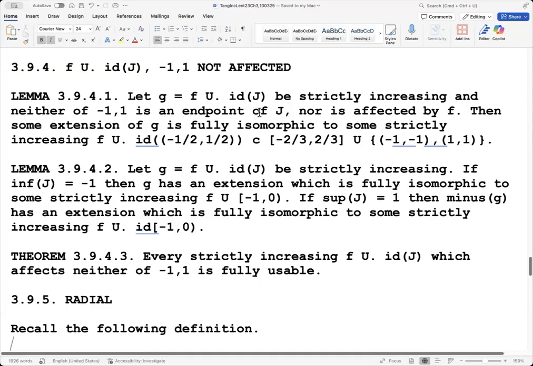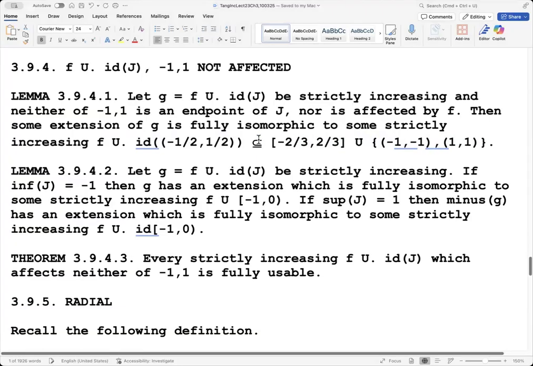It may not be -0.5 to a half, by the way, but it's a central interval. -1 and 1 are not an endpoint, and it's not affected by F. That situation, then I claim that I'm really over here. By over here, I mean up to isomorphism. Okay, so let me do that.